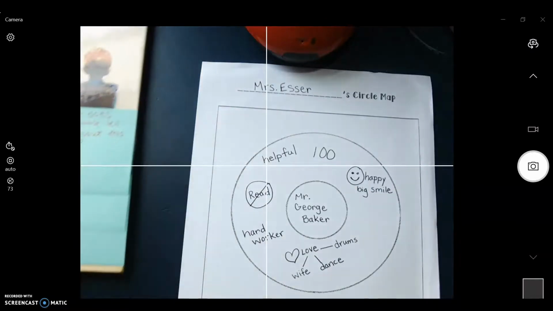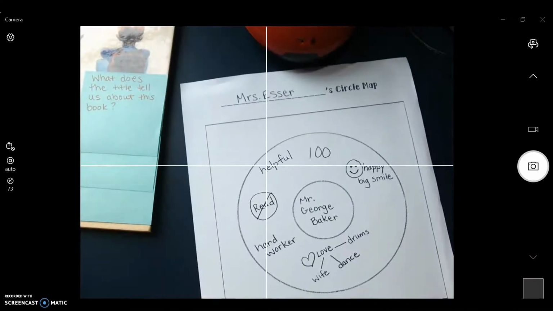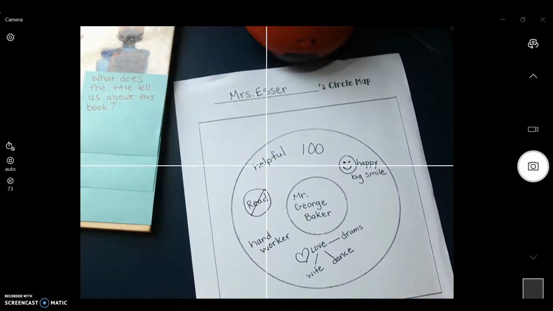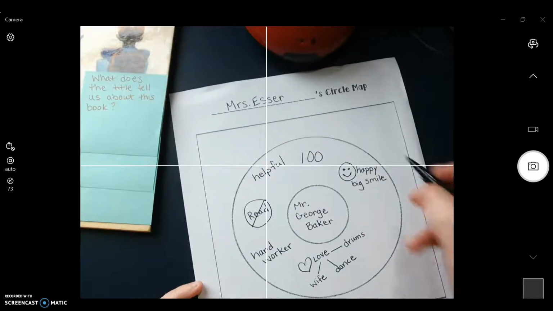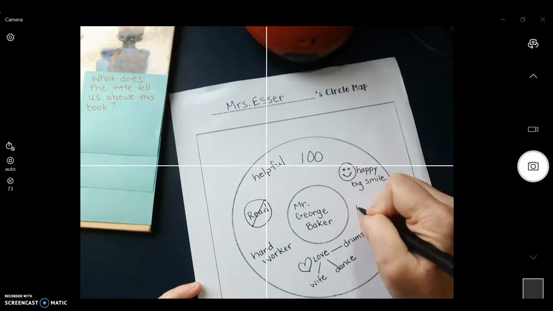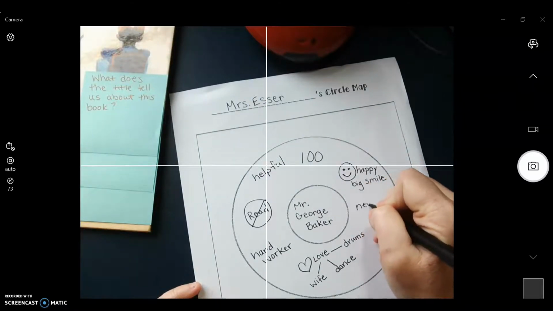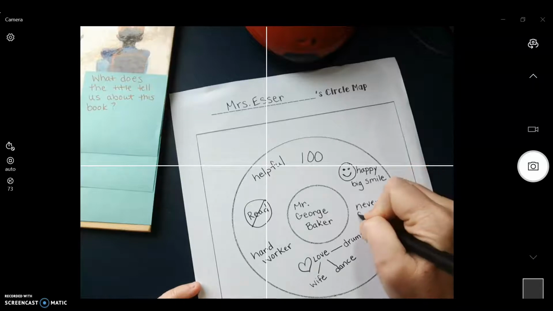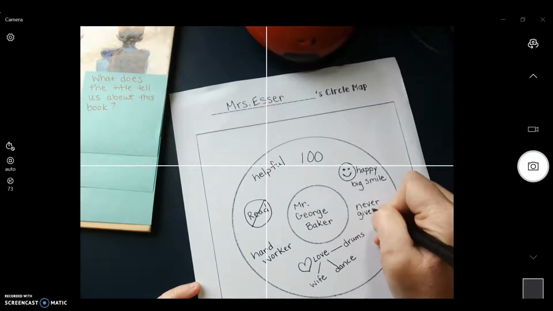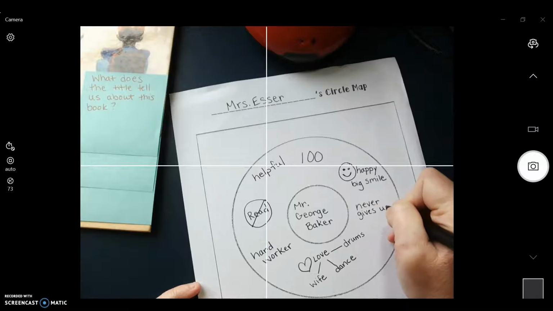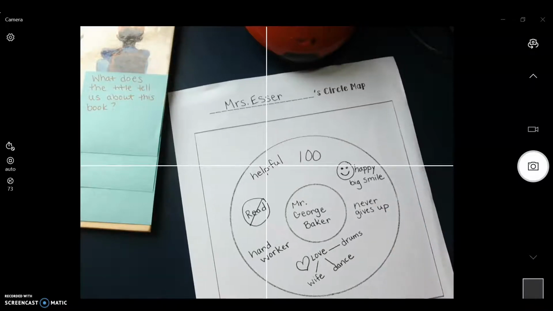So I could also write down here that Mr. George Baker never gives up. Okay, so let's just review what we have so far. I wrote that Mr. George Baker is happy. He has a big smile.